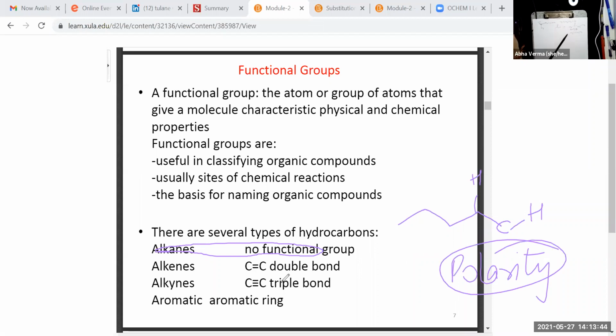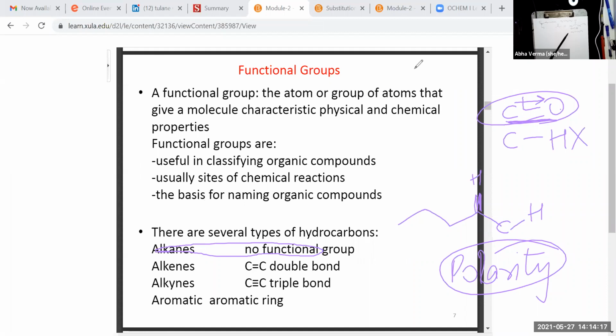Have you all looked at polarity during our module 1? Remember, whenever you have electronegativity differences, you will have a polar bond. So this is something that we did in our module 1. Whenever there is a polarity associated, you will have a chemically reactive site.